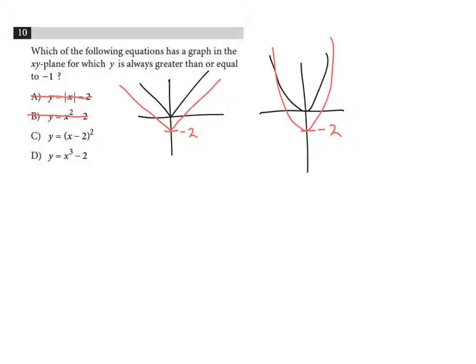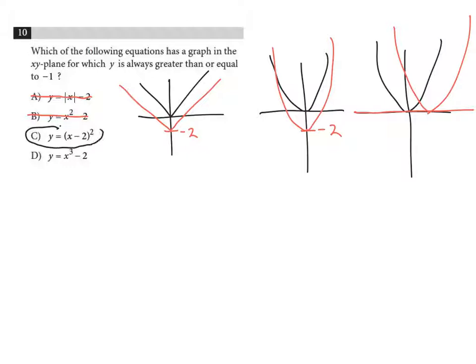And then on C, well, C is the same quadratic graph that we started with over here, except now instead of being shifted down, this -2 actually shifts it to the right 2 units. So yeah, it's still at y equals 0. It doesn't go below that. So that is going to be our solution. C is going to be our solution.